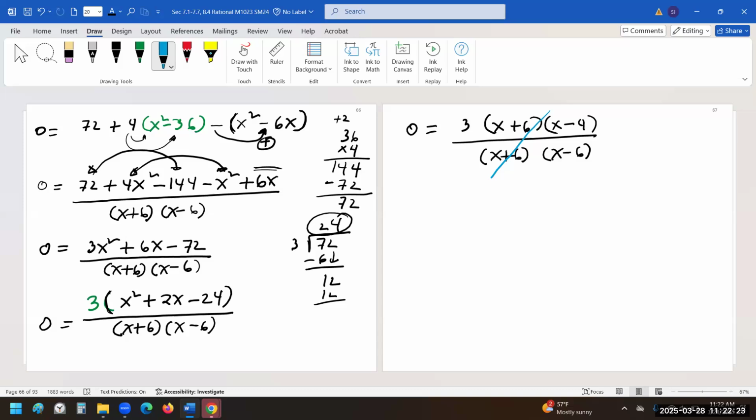In this example, we don't want our denominator to be 6 or negative 6. So when you cancel the 6, you're getting rid of your problem. You don't have to say, oh, so our equation is negative 6, one of the equation, which is wrong. So we have 3x minus 4 and x minus 6.